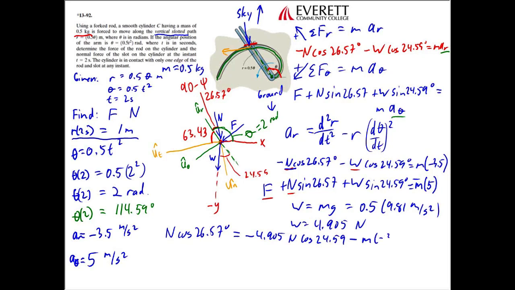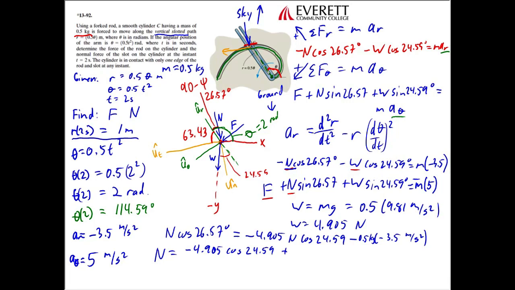And we can even plug in the mass there. That mass is 0.5 kilograms. So this is just a calculator exercise at this point. N is equal to negative 4.905 cosine of 24.59 plus 0.5 times 3.5.